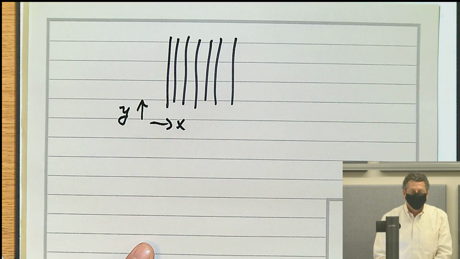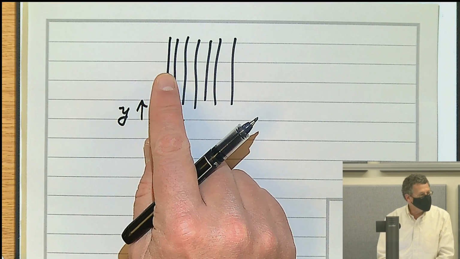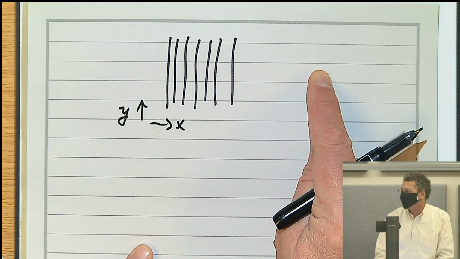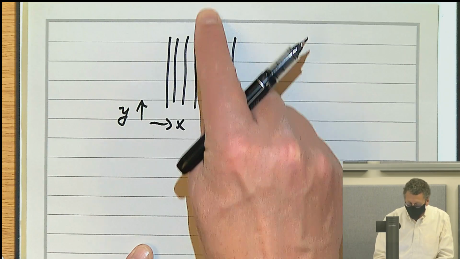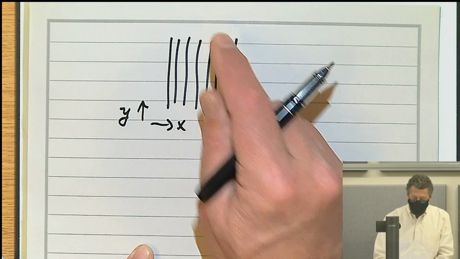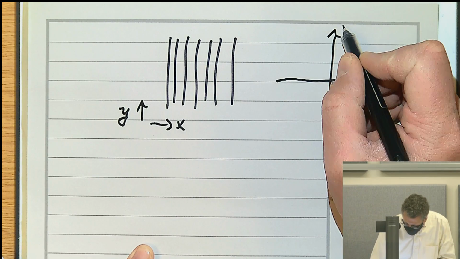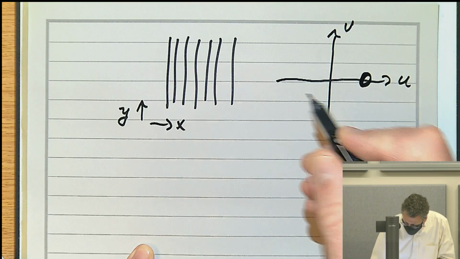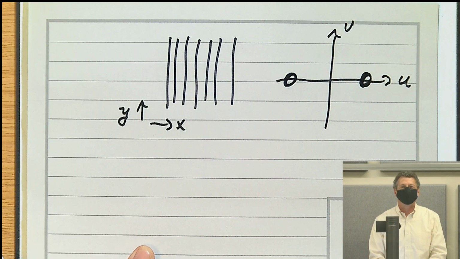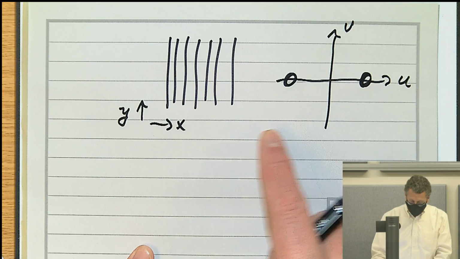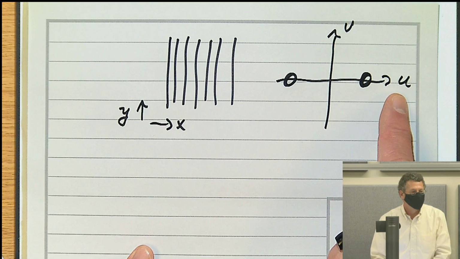If that's X, then going this way, you have a lot of variation along this axis, but in this direction, you have very little variation. So if this is U and that's V, there will be a big spike here and a big spike there. So this has high frequency components in the U direction, but not in the V.